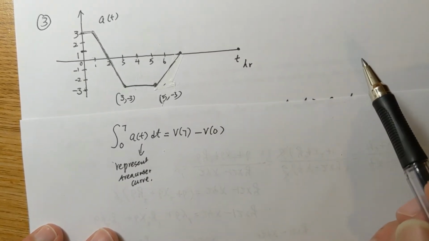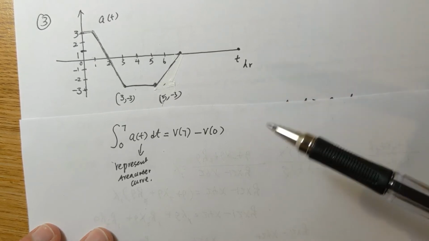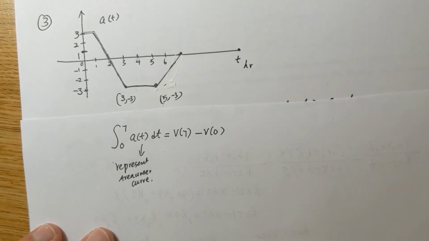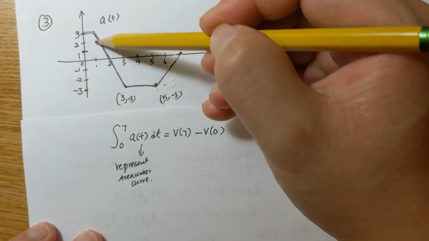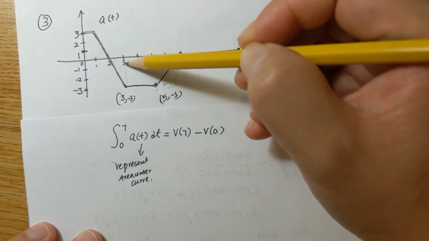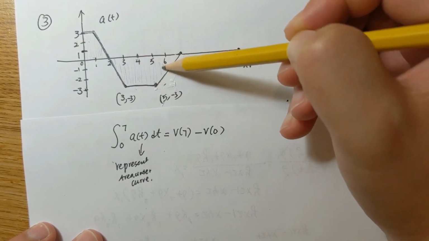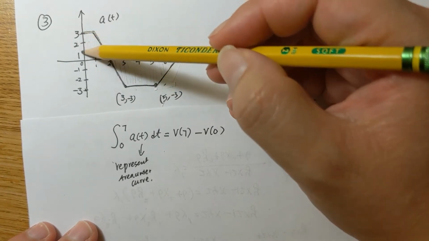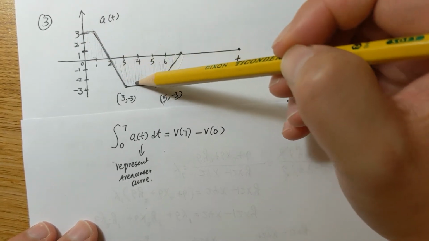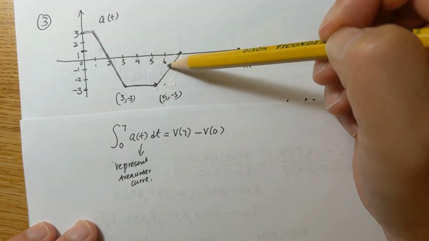So now we are going to take a look at this. We have to find the area from 0 to 7. So we had this part above the x-axis, and then you had this part below the x-axis.